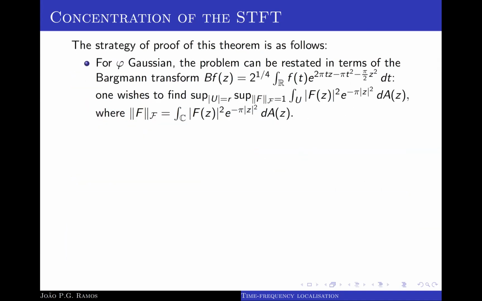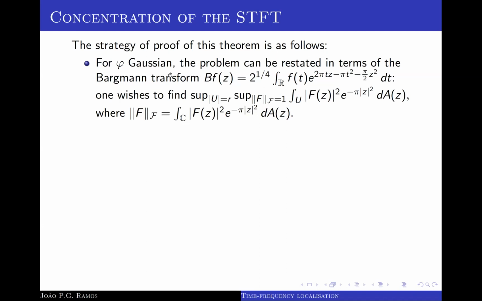Okay, so the strategy of proof and their results. I'm going to go quickly over that because we're going to be seeing this very shortly again. If you take a Gaussian, then the short time Fourier transform is directly related to an object called the Bargmann transform. You can define Bf as this transform on the screen.